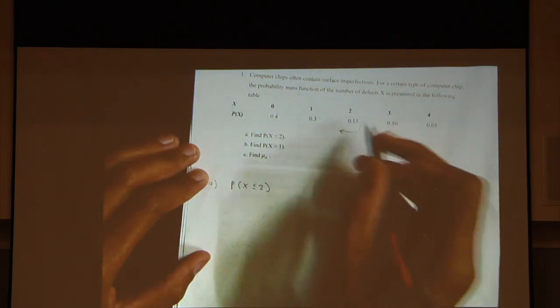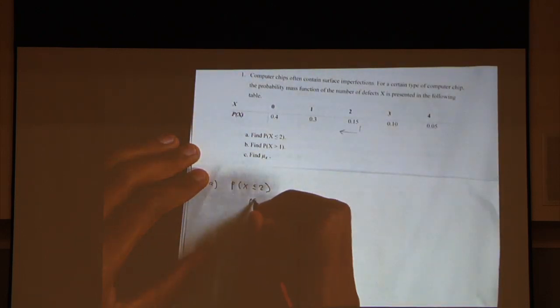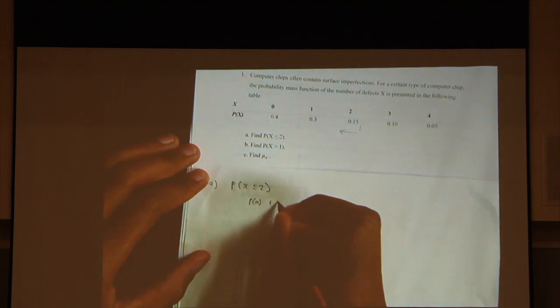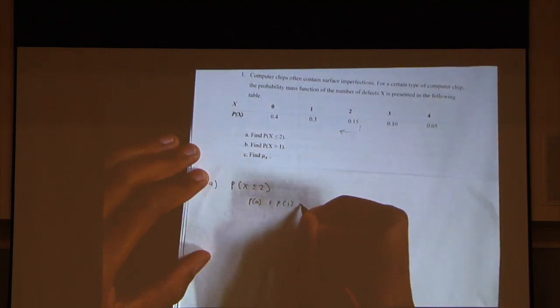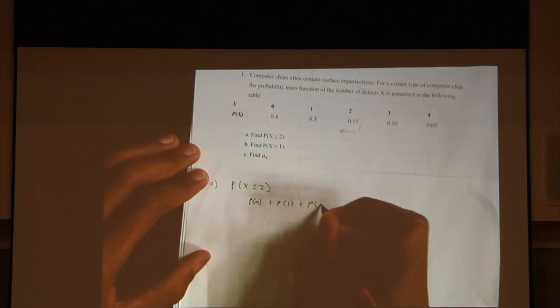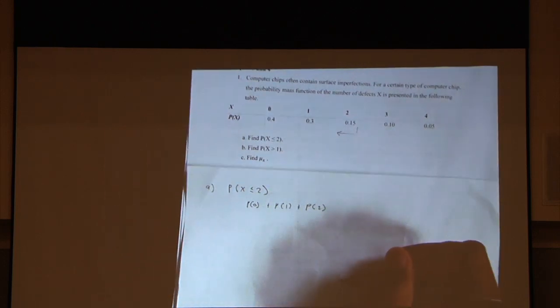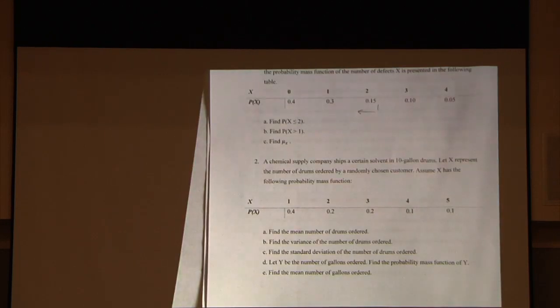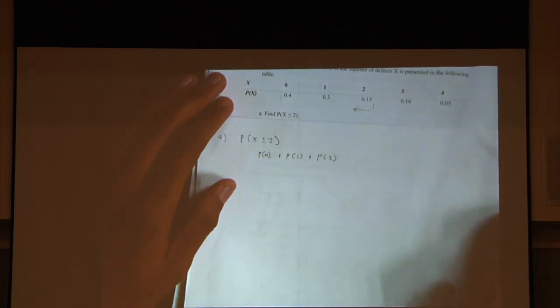So you're just going to add up the probability of it being 0 plus the probability of 1 defect and the probability of 2 defects, because it's including 2.